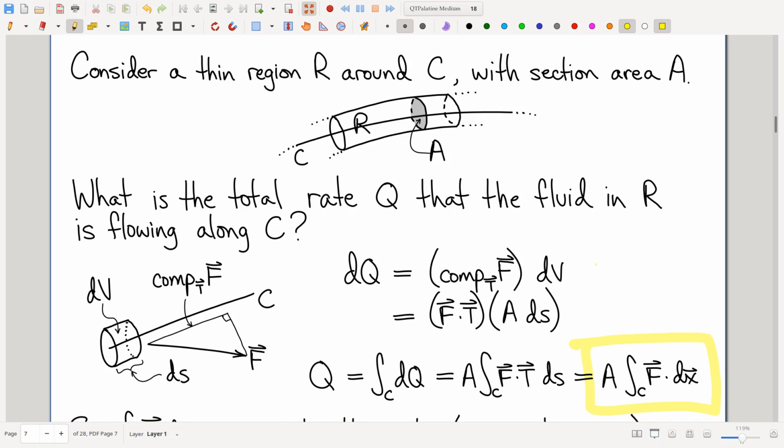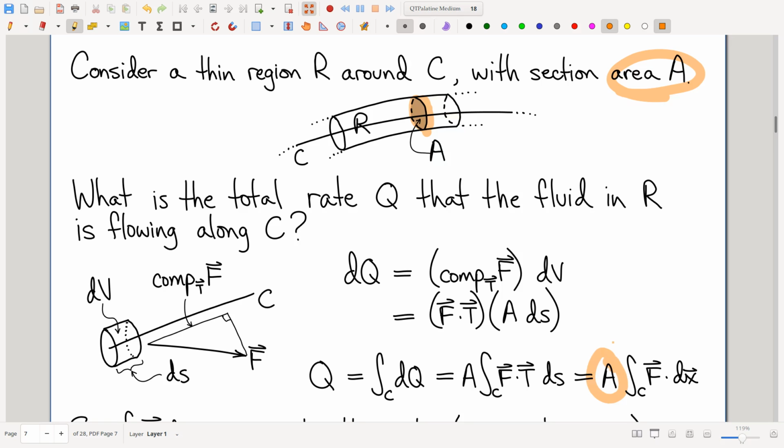The fact that it depends on the area, well, of course it does. Bigger area would give you more fluid. More fluid means more fluid flowing along the curve, right? That kind of seems easy to see coming, and ultimately not really what we're interested in. This cross-sectional area that figures into our answer could be anything.